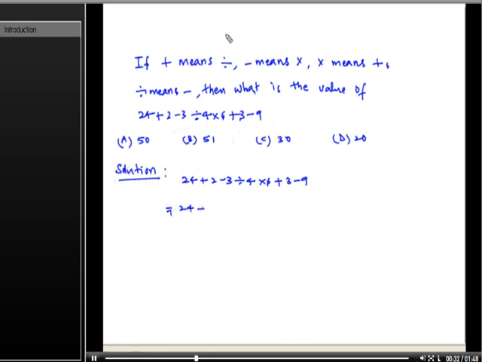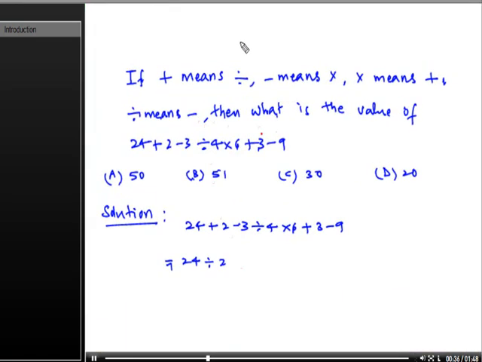Here plus means divide by 2, minus means into 3, divide by means minus 4, into means plus 6, plus means divide by 3, minus means into 9.